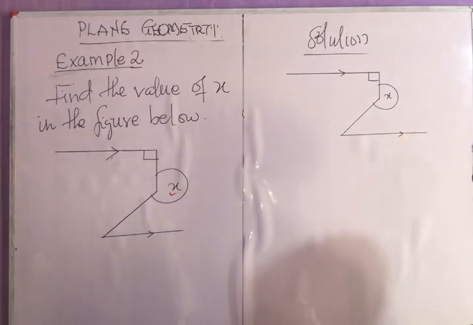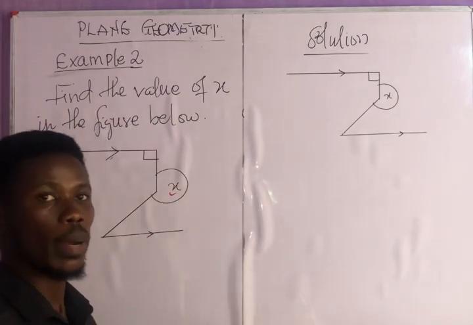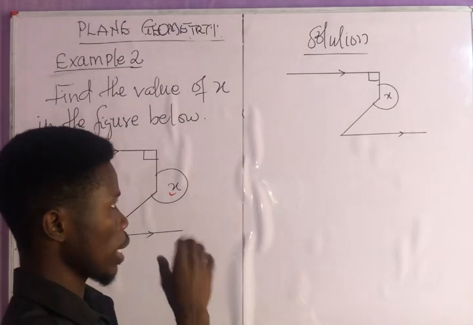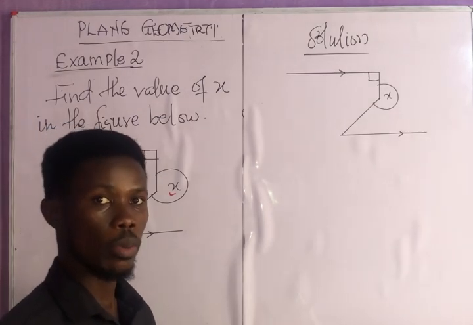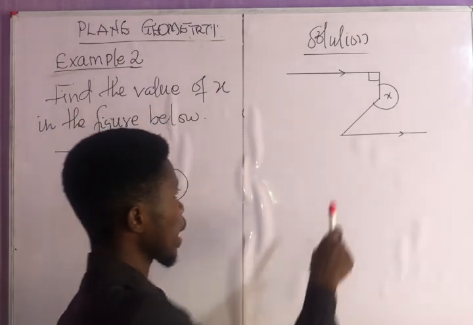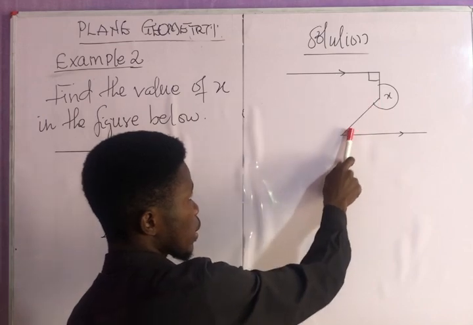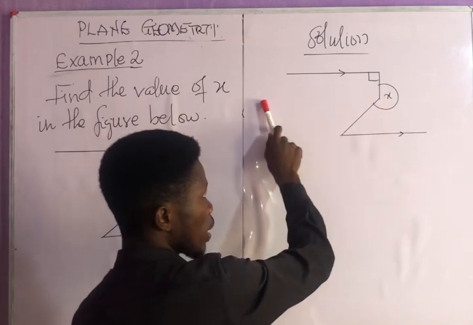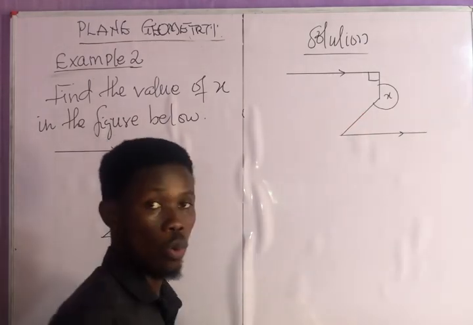Now I have redrawn this figure here. So how do I solve this particular question? If you have a question like this and you want to solve it, then you have to add some information to it yourself. So this line and that are parallel, and I can also add another line here that is also parallel to this, and this line becomes a transverse to those two parallel lines.